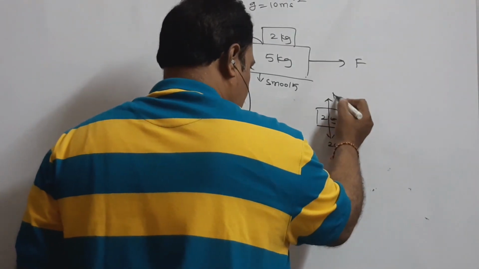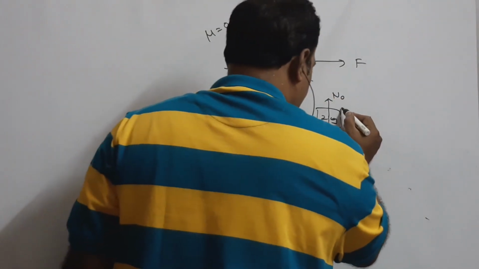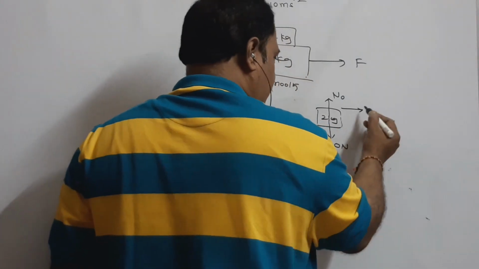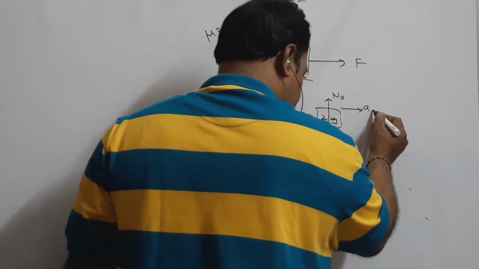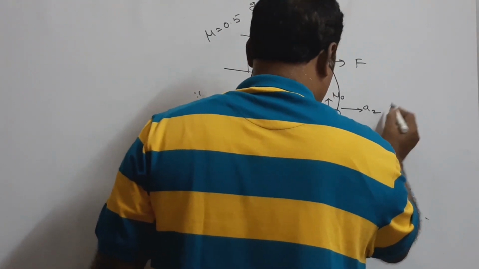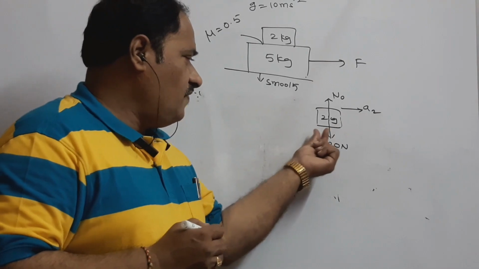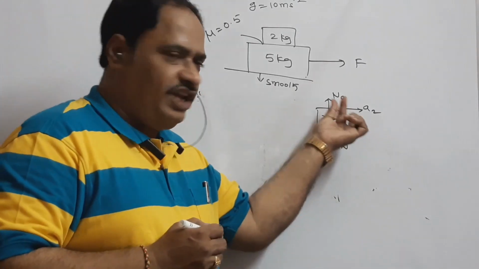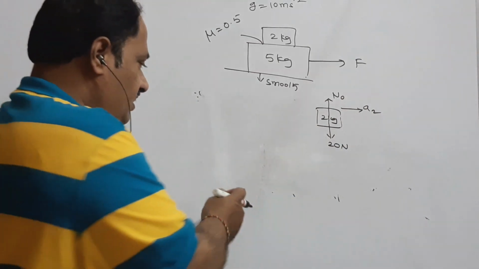Normal reaction, let it be N naught. If this block is moving with some acceleration, let it be A2, then these two forces are said to be balanced.